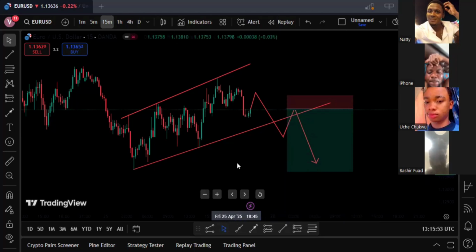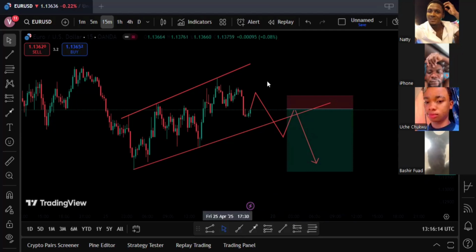That is how to trade in a pattern. I'm not sure if you have another question. So with this type of market, you have two major selling points.